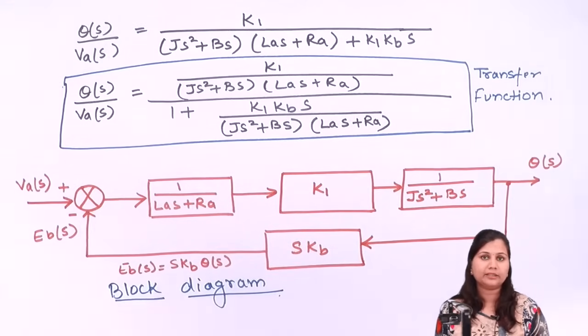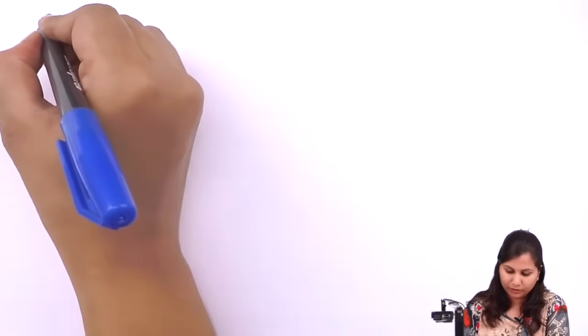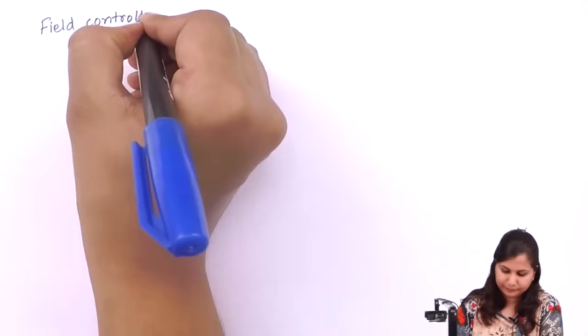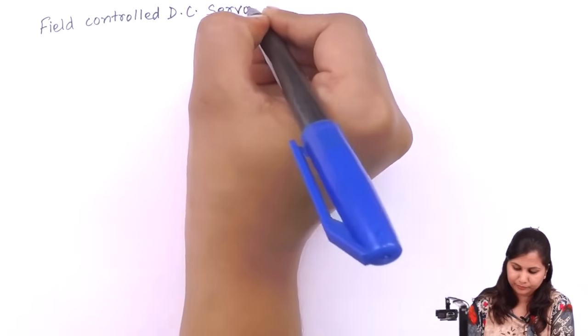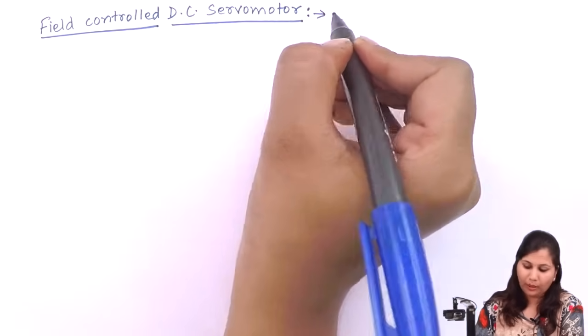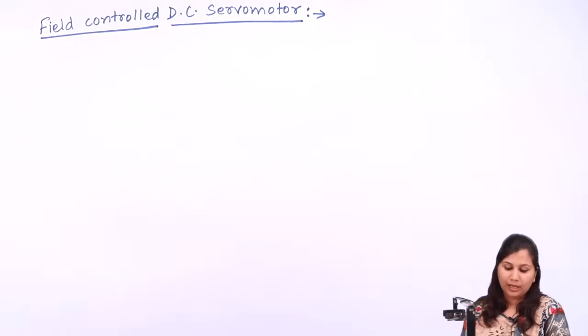Now let's study the second type of DC servo motor, the field controlled DC servo motor. In this field controlled DC servo motor, we keep the armature current constant and we vary the field current.